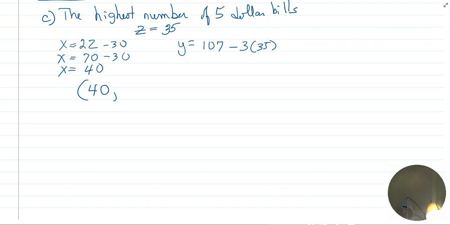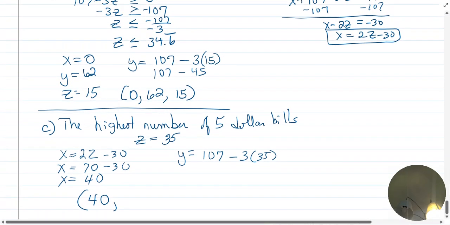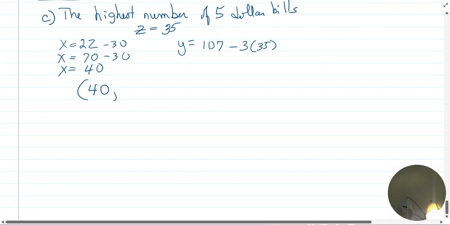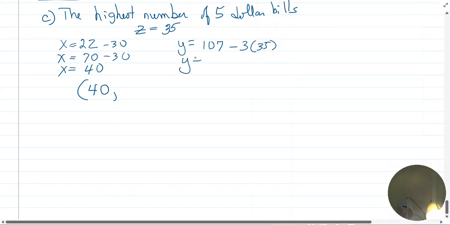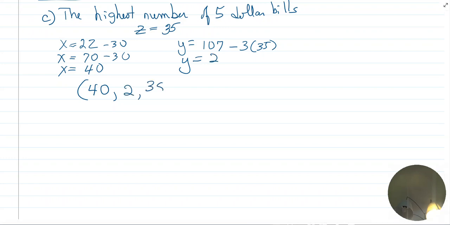That would give me y. Yes, that would give me 107 minus 3 times the 35. That would give me 2. Of course, my z would be my largest, 35.